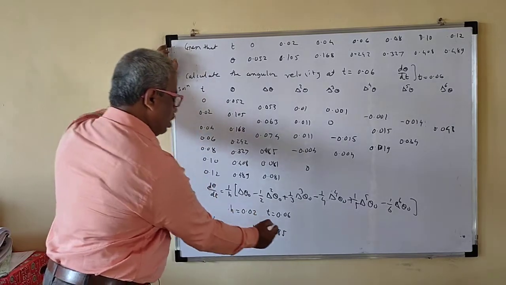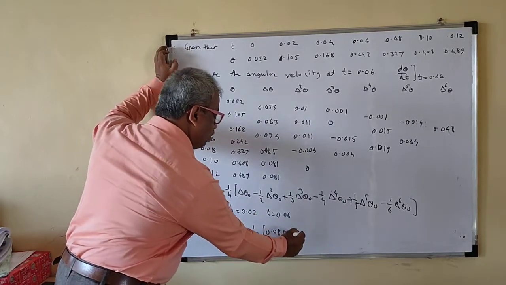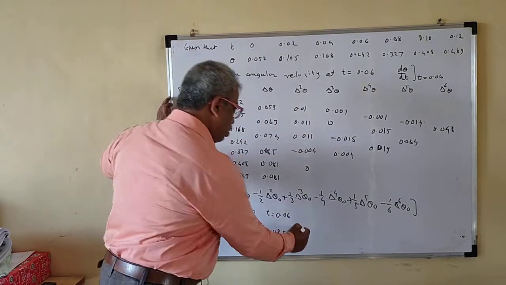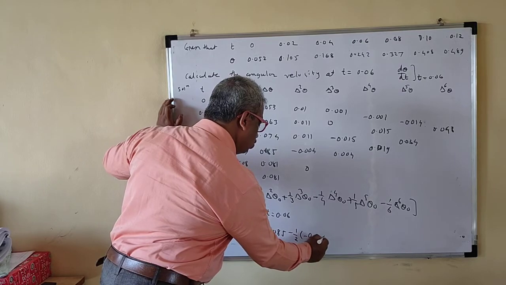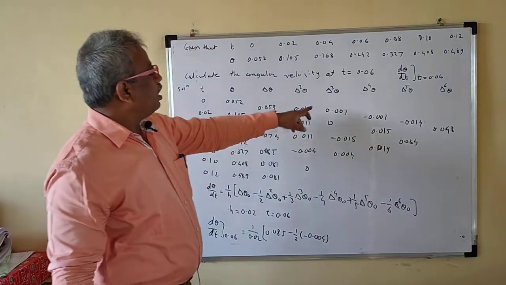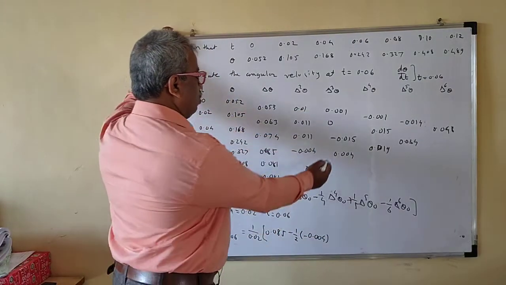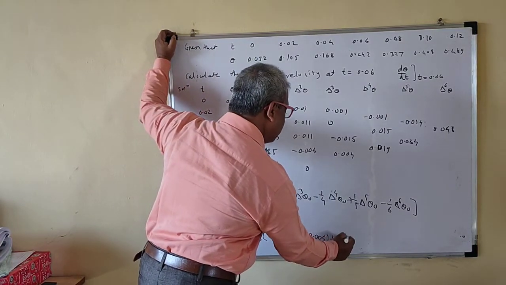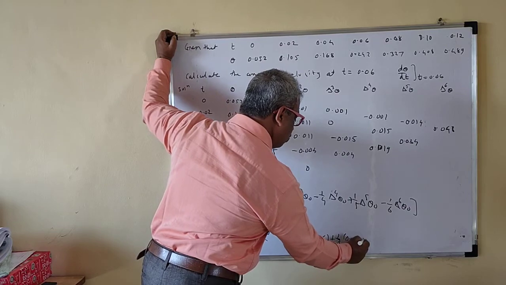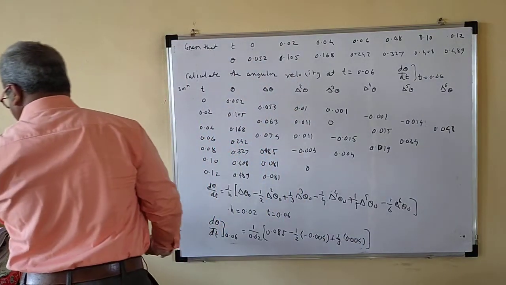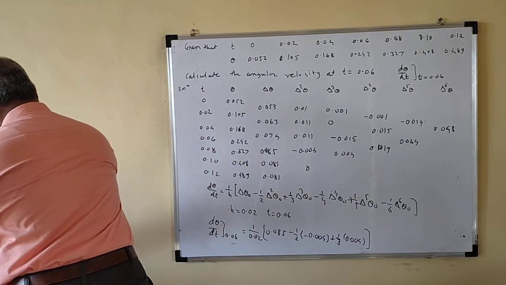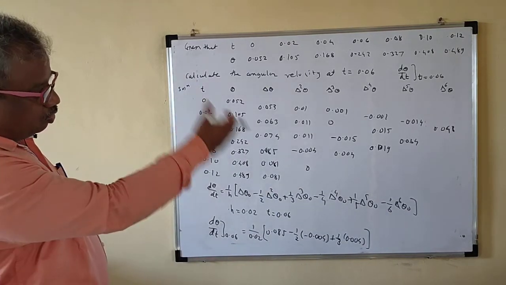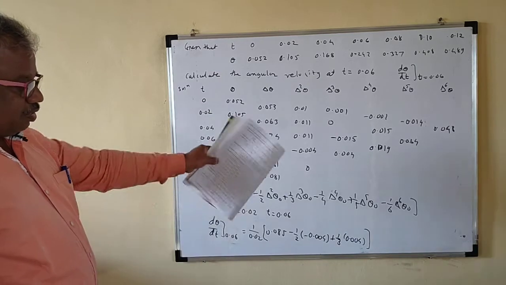So this is 0.085, your del naught, minus 1/2 times the fourth value, 0.004. Plus 1/3 times 0.004. Okay, so it closes here, because del to the power 4 will be 0, as there is no fourth value.